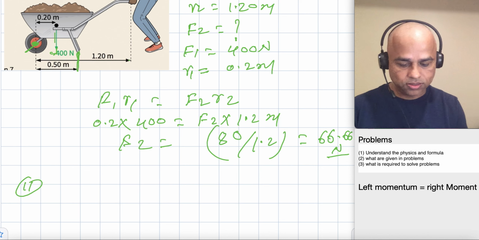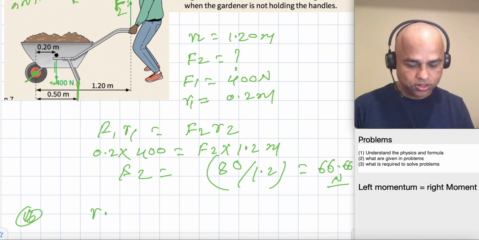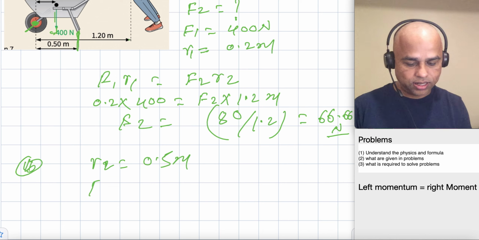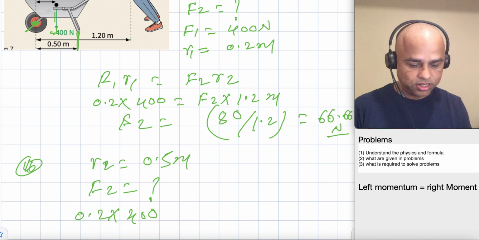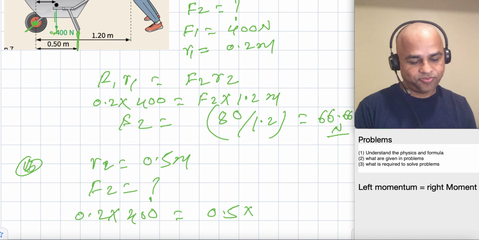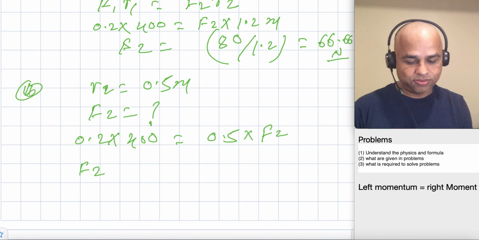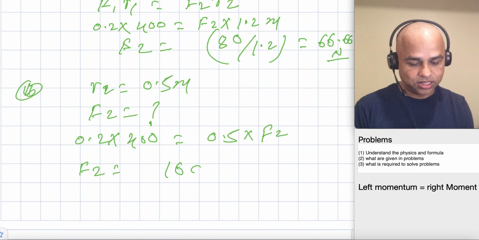In the second case, this is B. R2 equals 0.5 meter and F2 equals the unknown force. In the same way, 0.2 into 400 equals 0.5 into F2, equals 160 Newton.